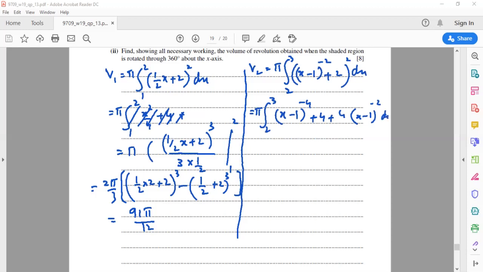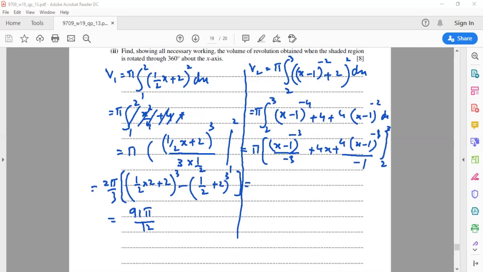Now if you simplify it with the integration process, pi times [(x minus 1) to the power minus 3 over minus 3 plus 4x plus 4 times (x minus 1) to the power minus 1 over minus 1], and the limits are 2 to 3 here.